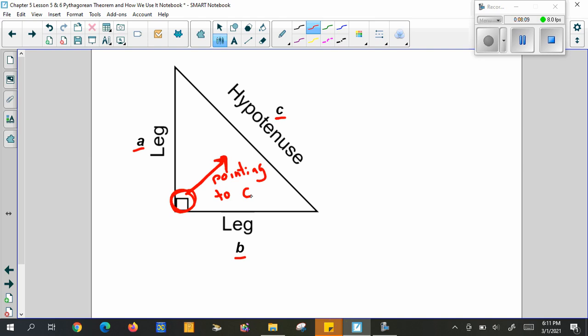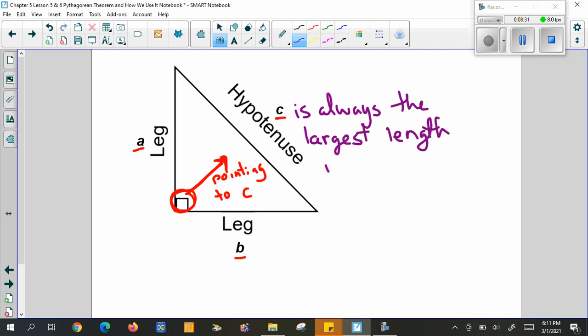Something to note is that C is always the largest length in a right triangle.